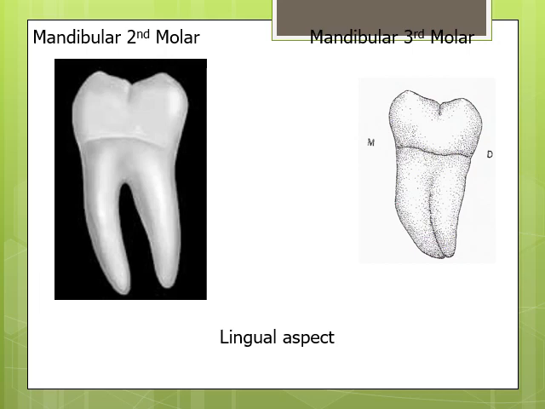The distal area of the mandibular third molar is the area of supernumerary molars, which can be present on the distal aspect of the mandibular third molar. But a supernumerary tooth is hardly found these days, as the third molar doesn't get the space to erupt in its proper place.